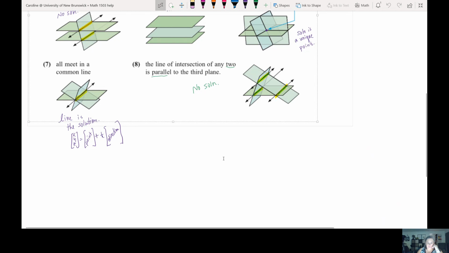Okay, so then the last thing I want to show you here is that if we were to draw planes, x equals 0 is the y, z plane.